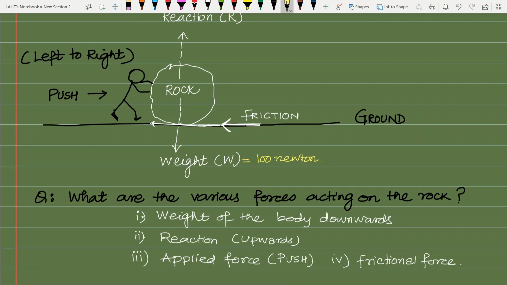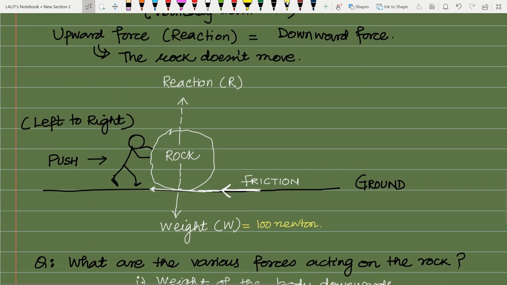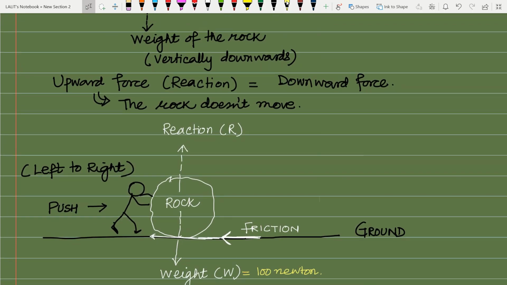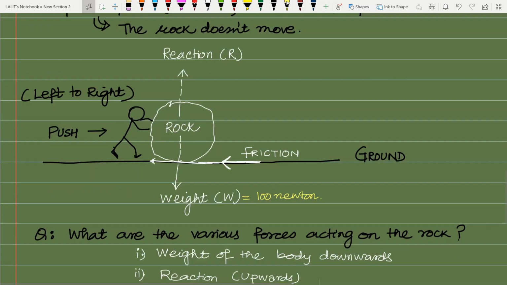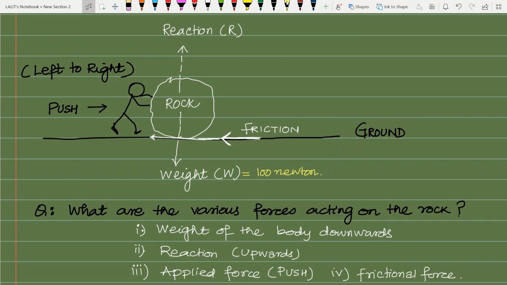So what would be the reaction? The reaction would also be 100 Newton. The downward 100 Newton and the upward 100 Newton cancel each other. So this rock is steady.